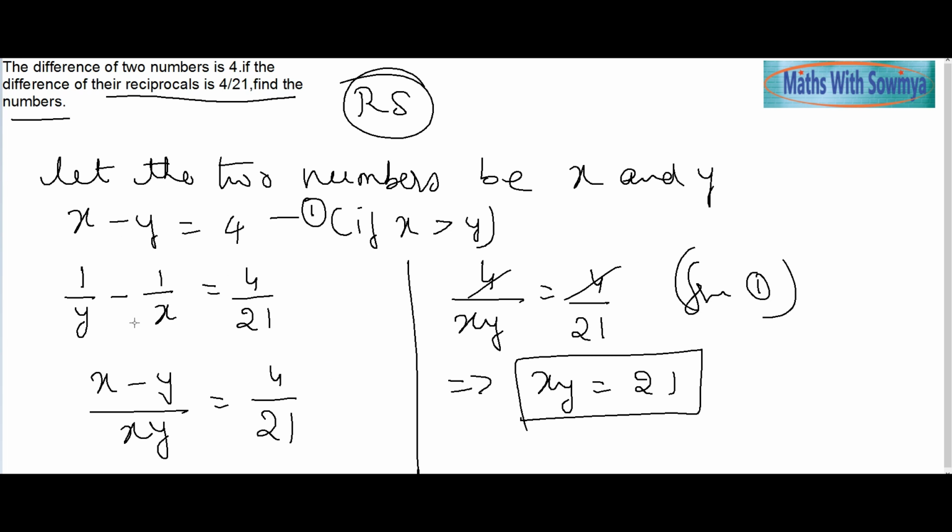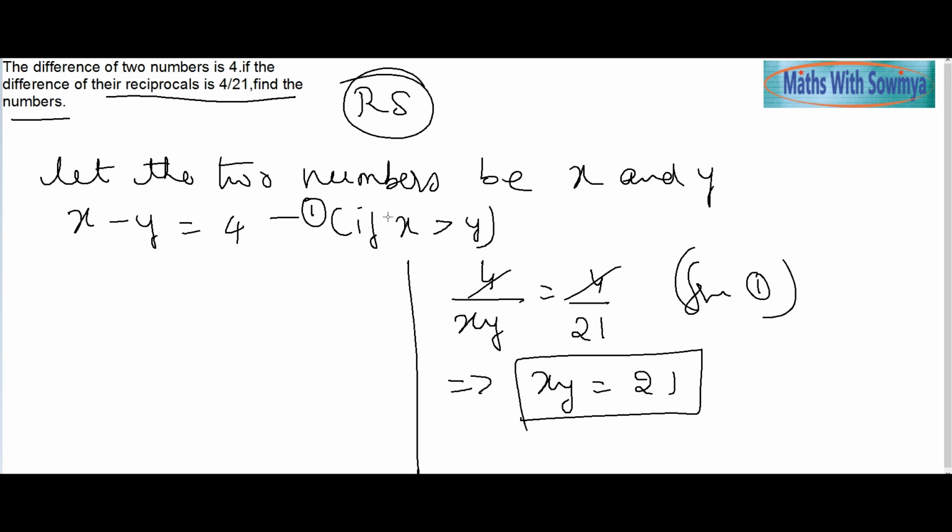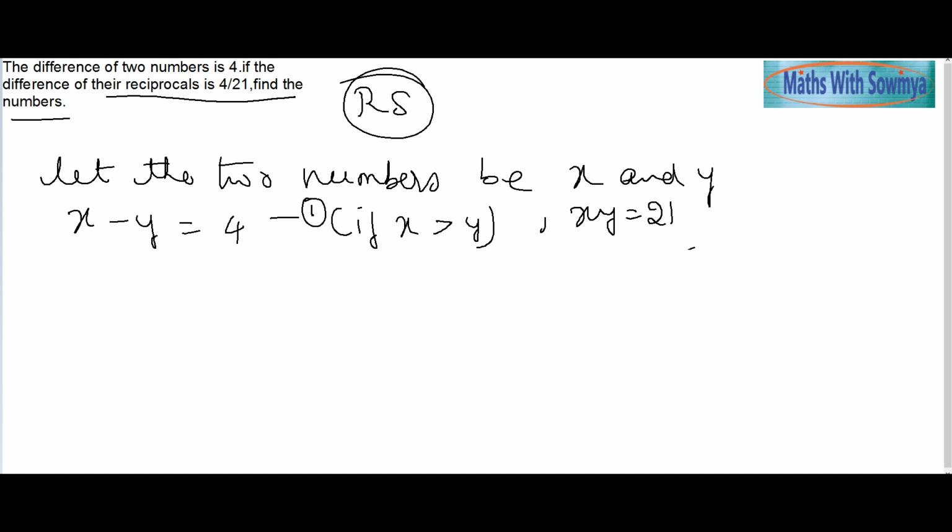I can directly go with the formula. There is one best formula which you might have already learned. If not, I am going to tell you now. So, this is 21, what we got now. There is one formula: x plus y whole square minus x minus y whole square will give you 4xy.